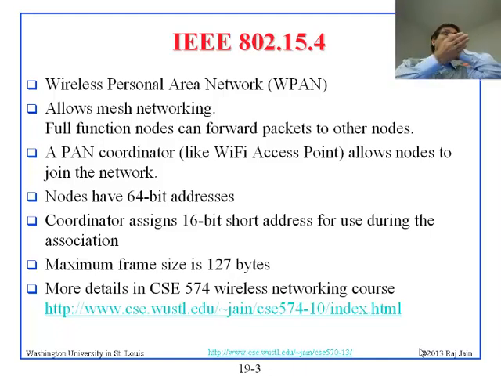Ad hoc is more like peer-to-peer. And then mesh versus non-mesh. Ethernet is non-mesh. Basically, you go out if you want to go to some other place. Whereas in mesh, you can give it to some other neighbor, and the neighbor can give it to some other neighbor, and so on and so forth. So mesh is more about the routing.